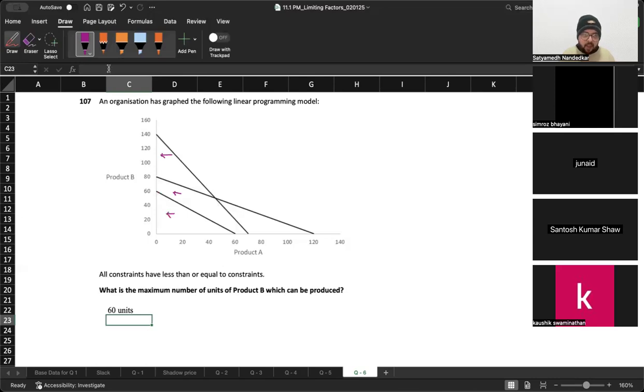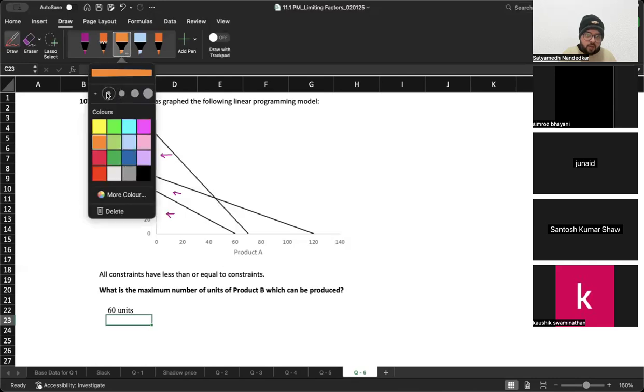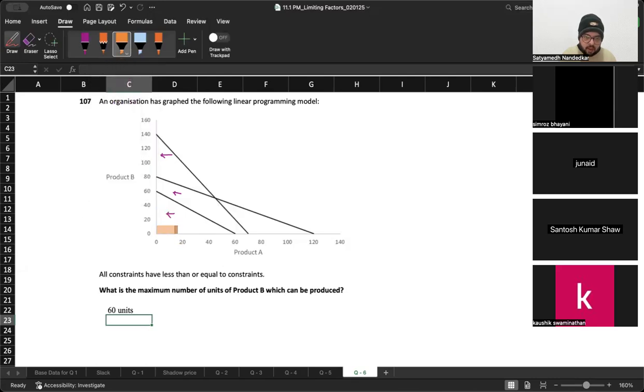So ultimately my feasible region is only this much. इतना ही है मेरा feasible region. So 0, 60, 0 and 0, 60 are my three corner points of the feasible region.